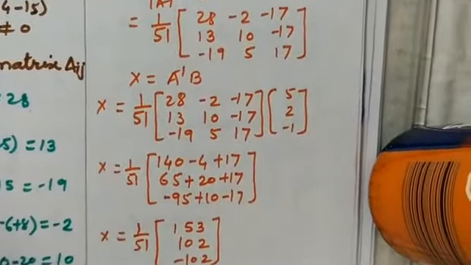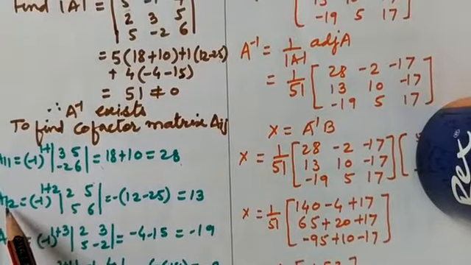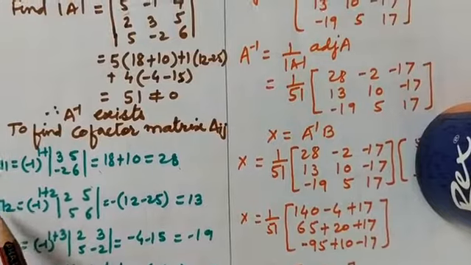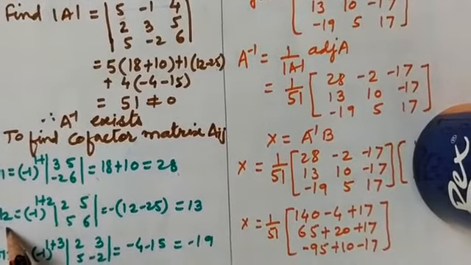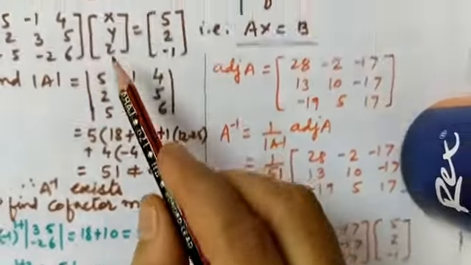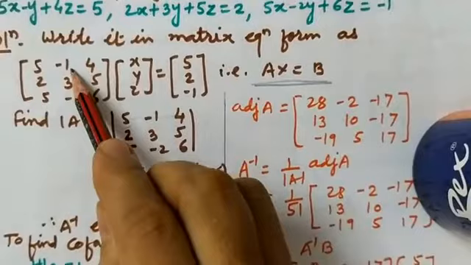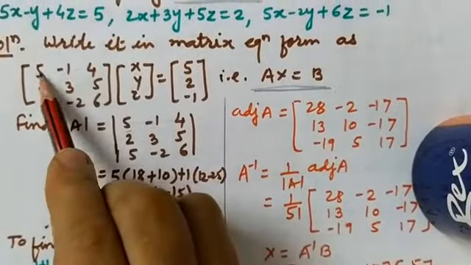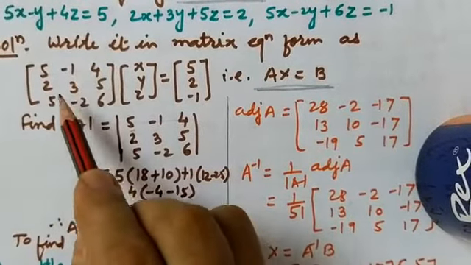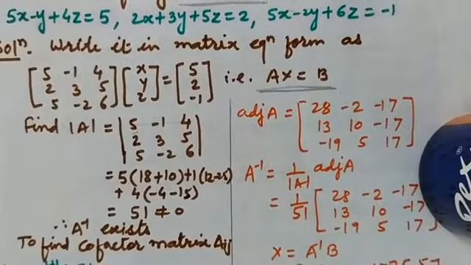Next case. Go to the second element, that is A12. The case is the same again, by striking off the row and column. See, A12 means this element. You can see, strike off this row, this column. The elements you see are 2, 5, 5, 6.